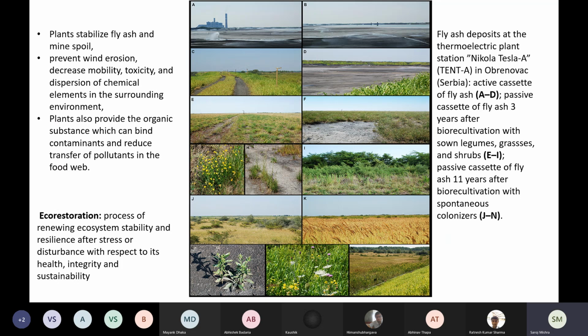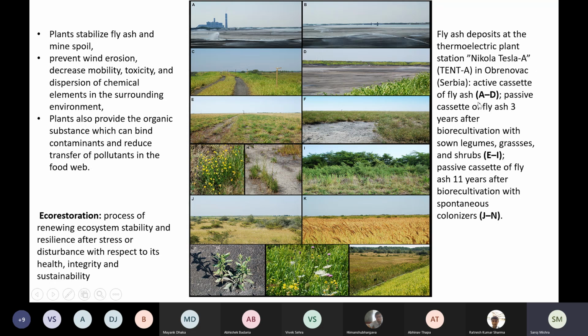Okay, so the first four pictures here, which are A, B, C, and D, these are where the thermal power plants have been set up, and it is from Serbia. So all of these here are the fly ash deposits at the thermoelectric plant station, which is Nikola Tesla A in a city in Serbia.